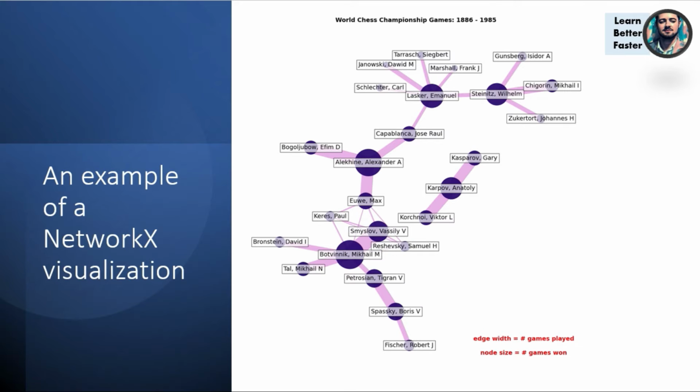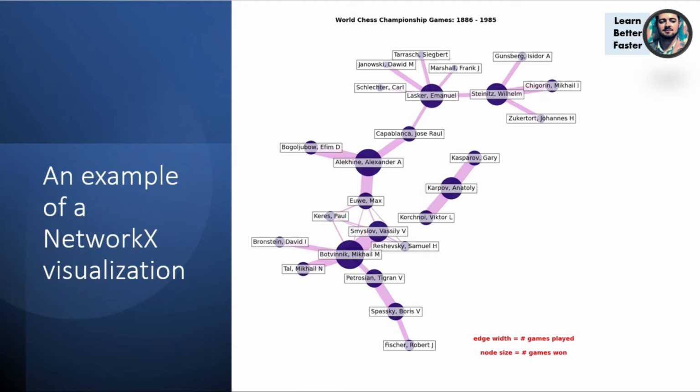An example of a NetworkX visualization here is World Chess Championship games from 1886 to 1985. Every major node is a player, the edge width is the number of games played, and the node size is the number of games won.